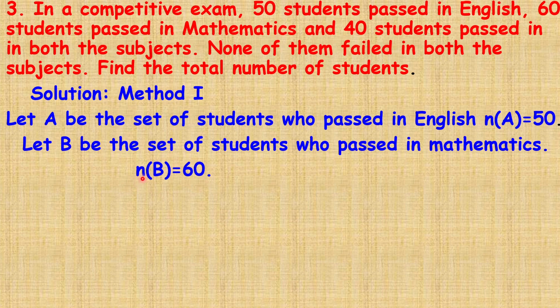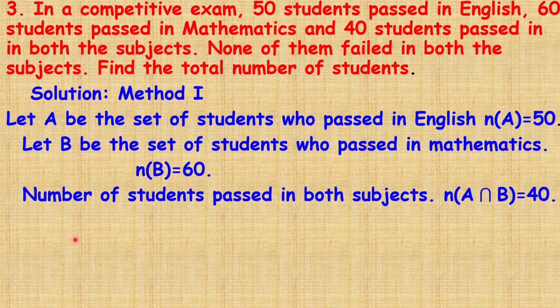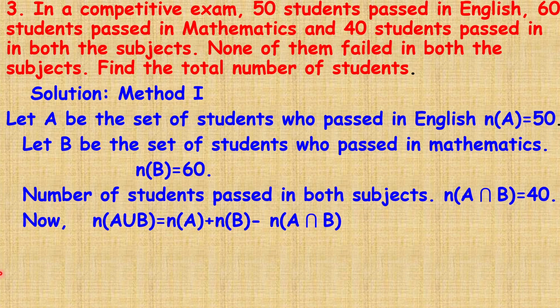Therefore, the number of elements in set B is equal to 60. And 40 students passed in both the subjects. Therefore, the number of elements in A intersection B is equal to 40.